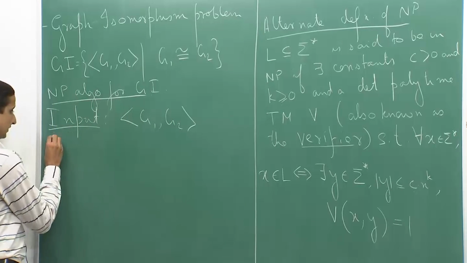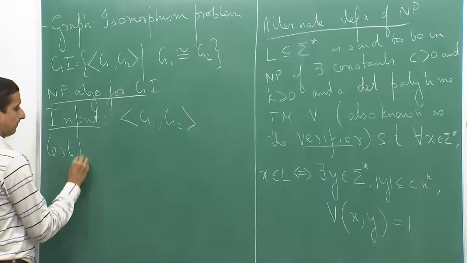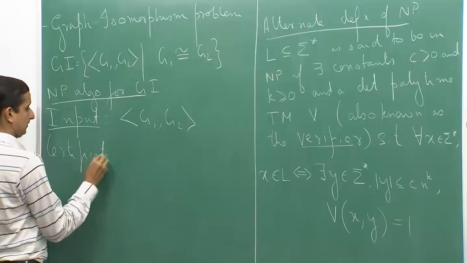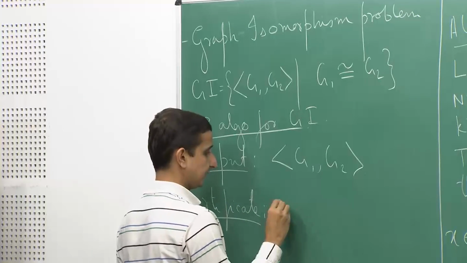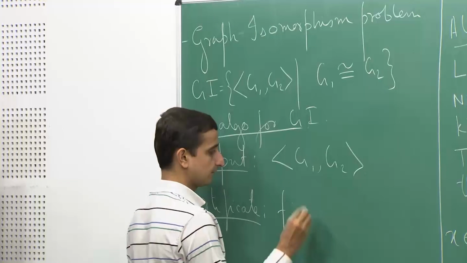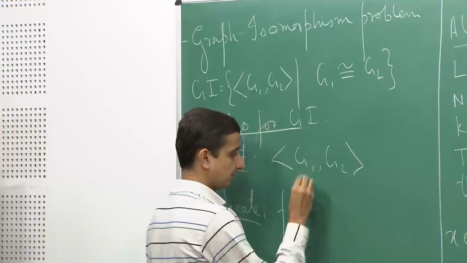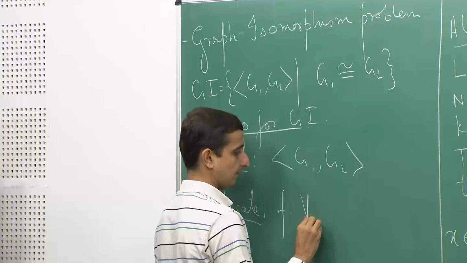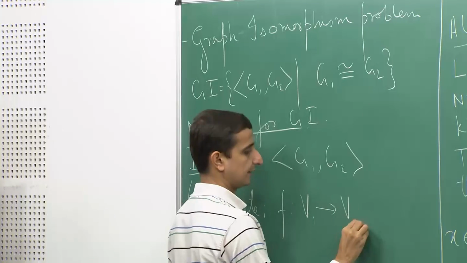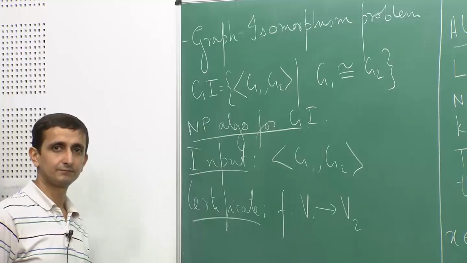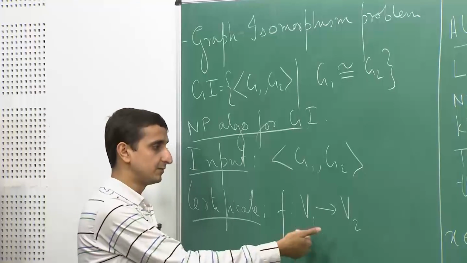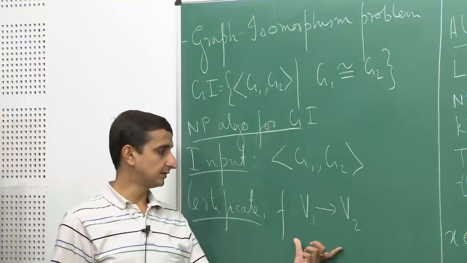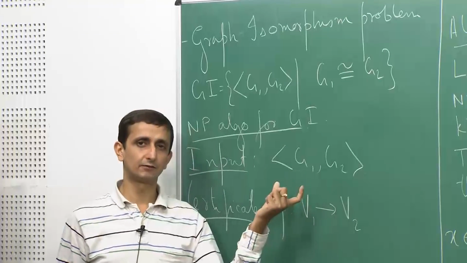As our certificate, we will set a function f from the vertex set of G1 to the vertex set of G2. We have to ensure that the length of the certificate is polynomial in the length of the input.